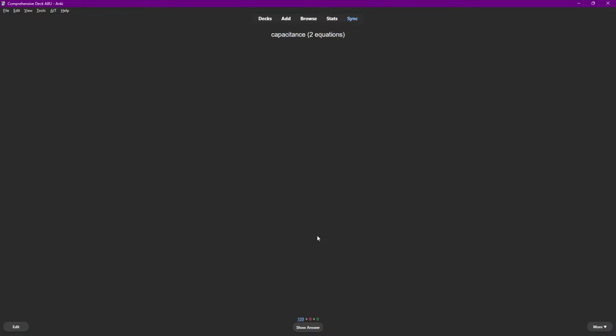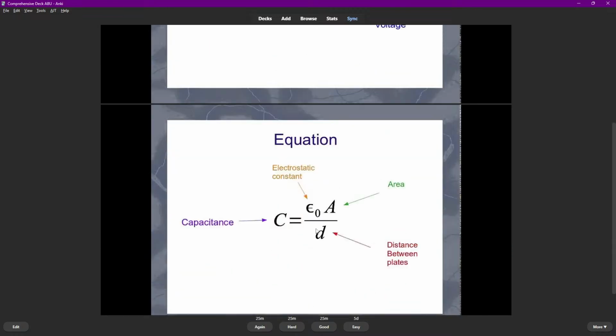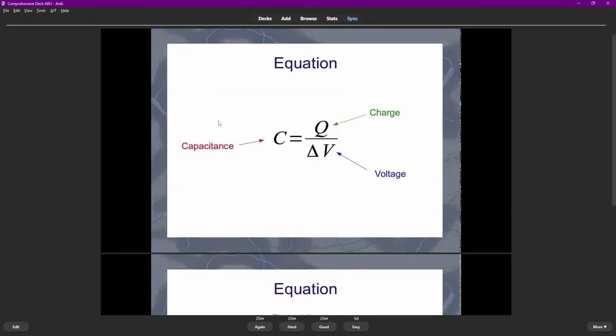I'm assuming capacitance is equal to K times E naught times area divided by D. That's the one that I had in my head. And capacitance is Q divided by delta V.